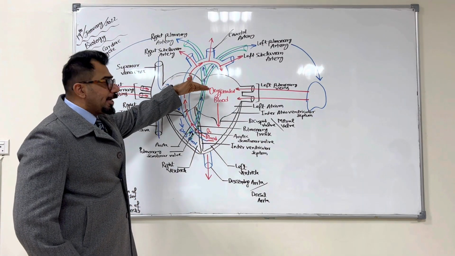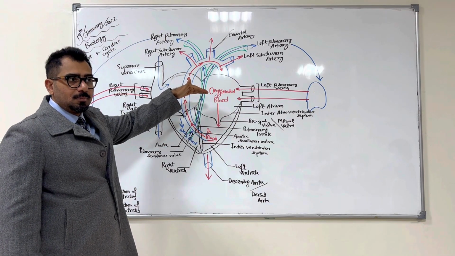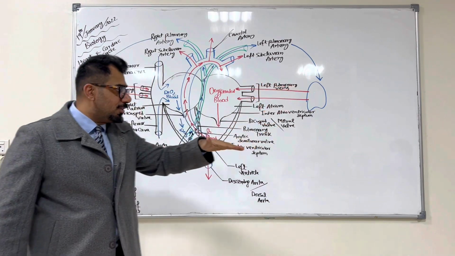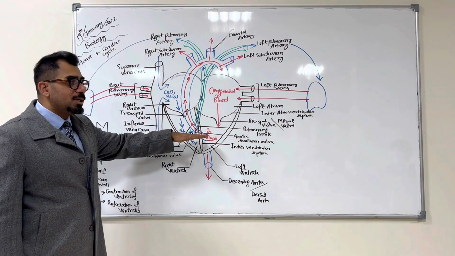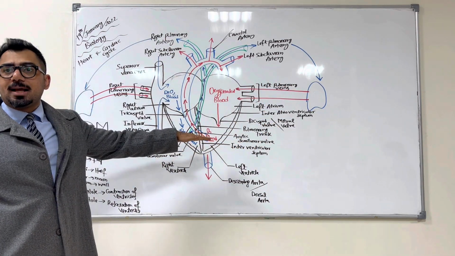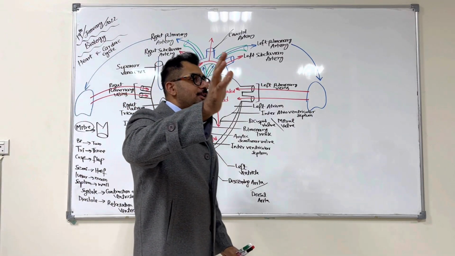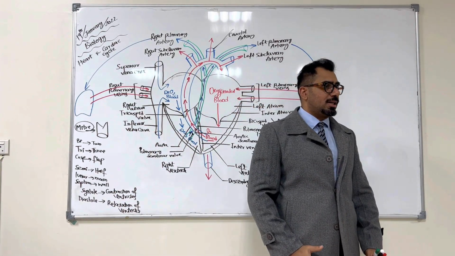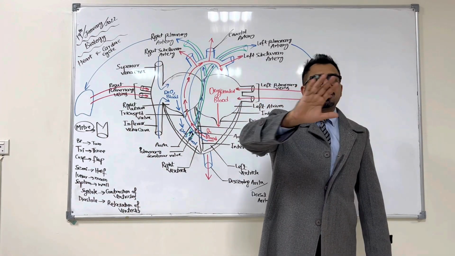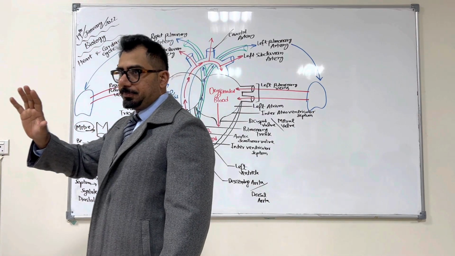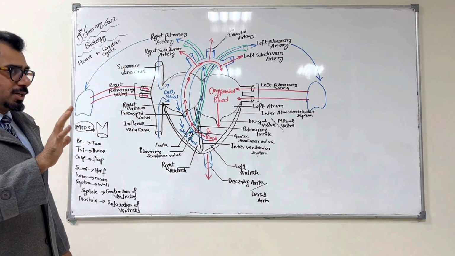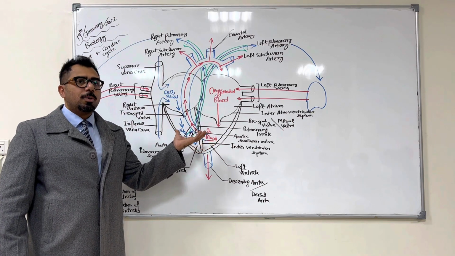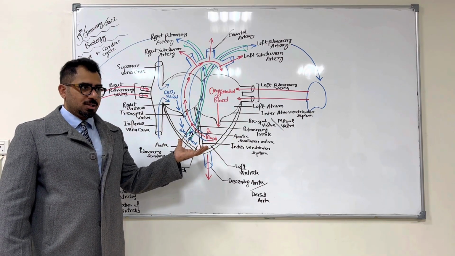They will write atrial systole, atrial diastole, ventricular systole, ventricular diastole. But if no atrial or ventricular is written, and just the word systole or diastole is written, it simply means it is related to the ventricles, because most of the contraction pressure is produced by the ventricles. Understood?